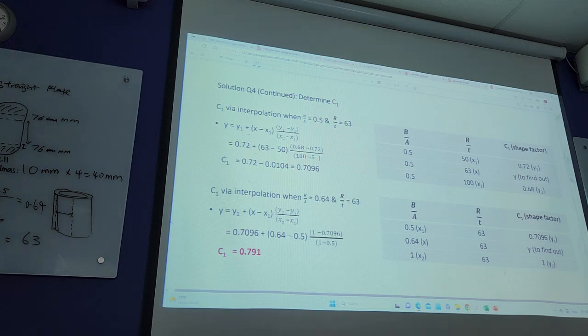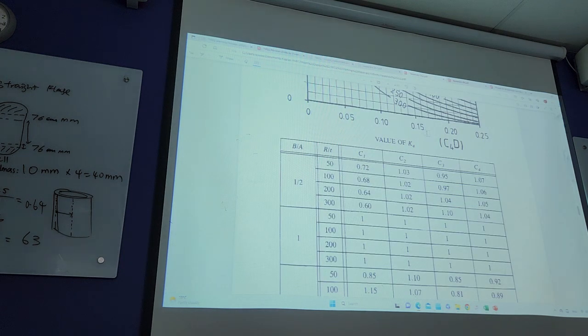Alright. And now over here, you can see B over A. B over A is actually 0.5 to 1, right? Okay, this is RT 63. We found out from here. So now just now our C1 is 0.7096, right?